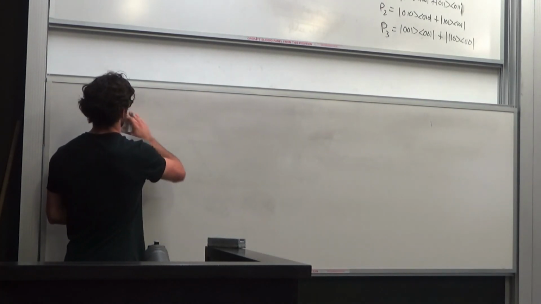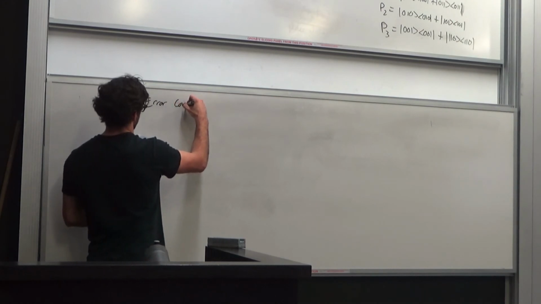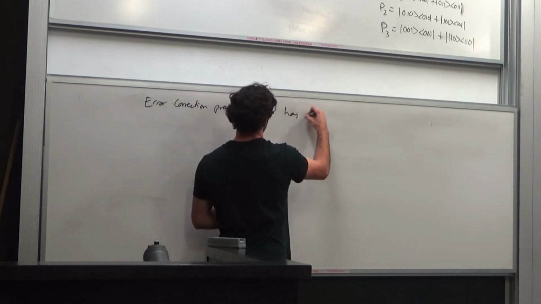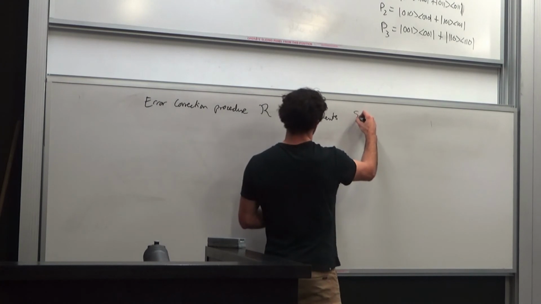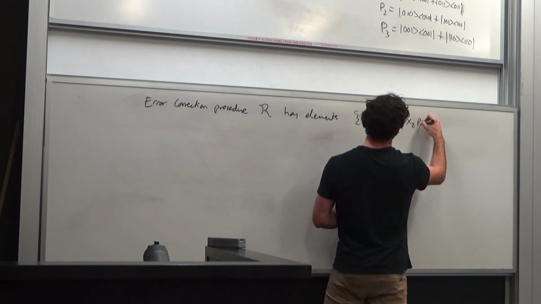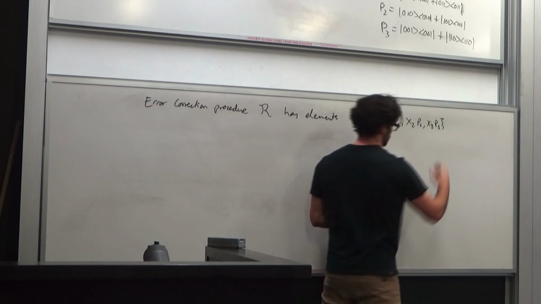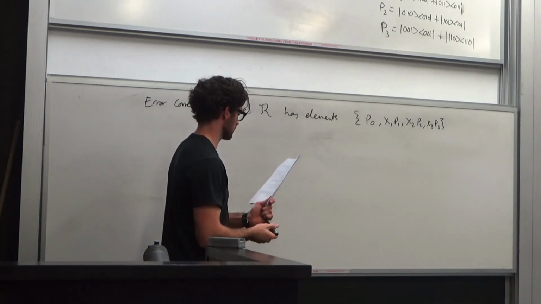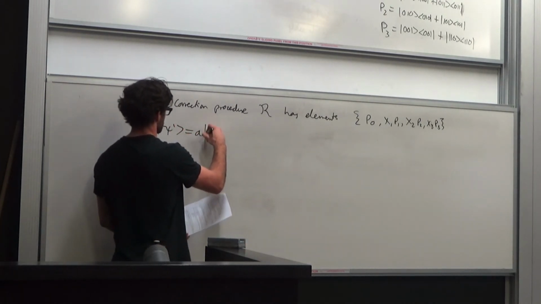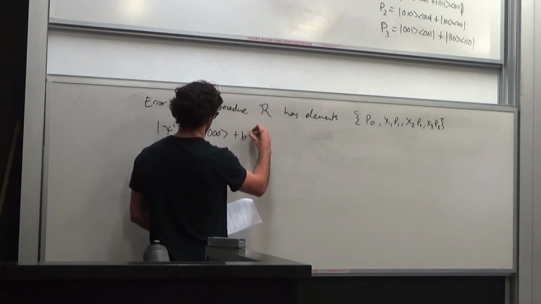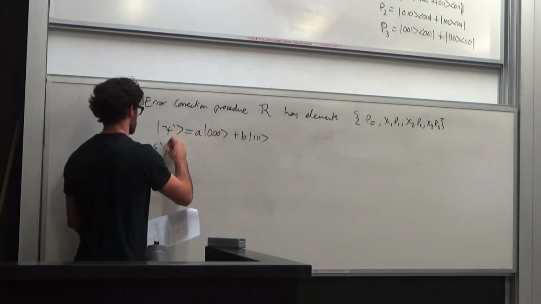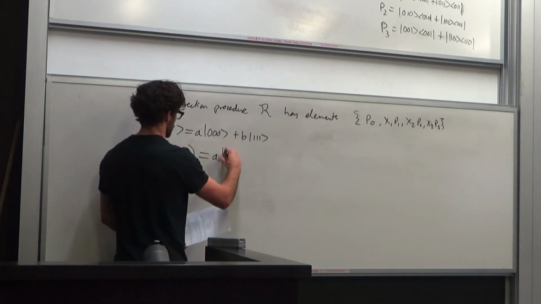So if we take this as we have up there, we apply it to, I'll call it a prime error channel, and say we get out this case.